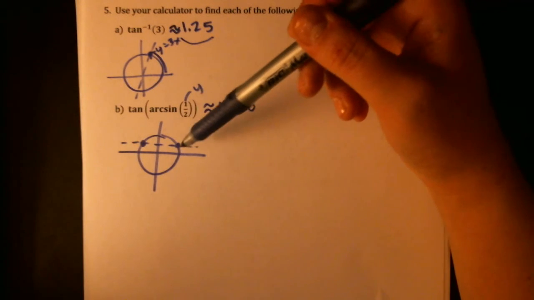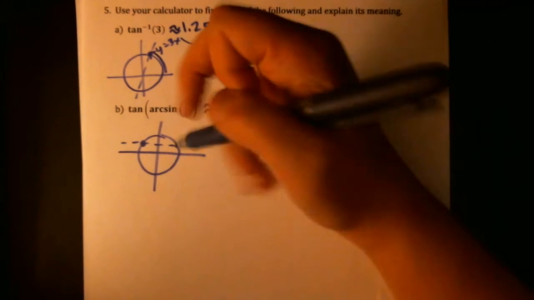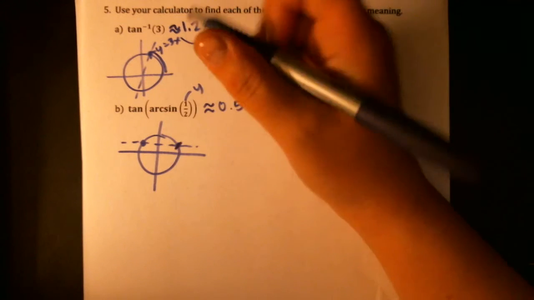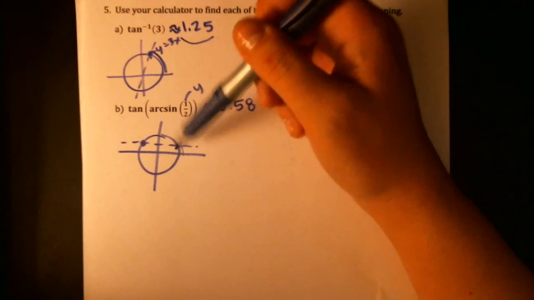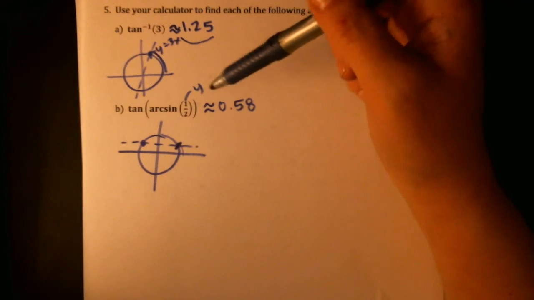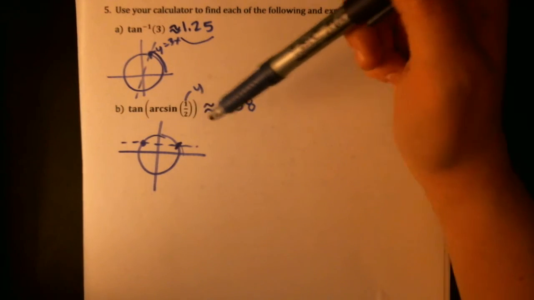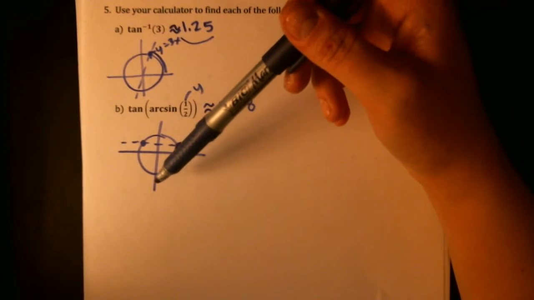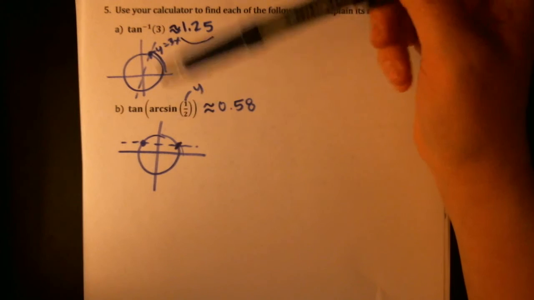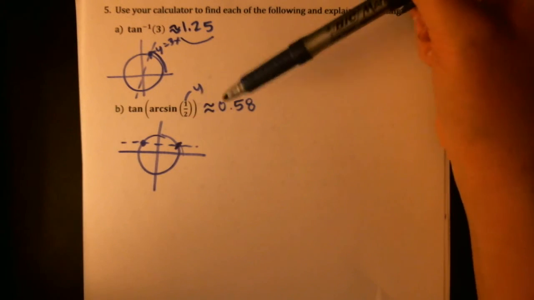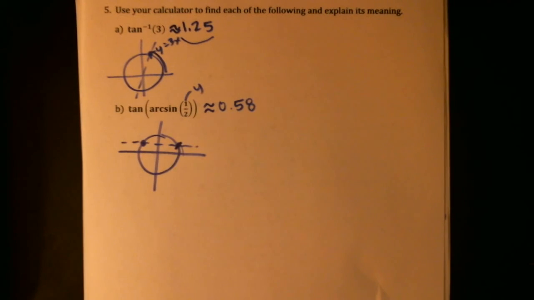So I would say, okay, if my y value is 1/2, arc sine is going to pick this point, and then tangent is going to take the arc length that I give it and give me back a slope. So basically what this is saying is if you're on the unit circle with an arc length somewhere between -π/2 and π/2, and your y coordinate is 1/2, your slope will be roughly 0.58.